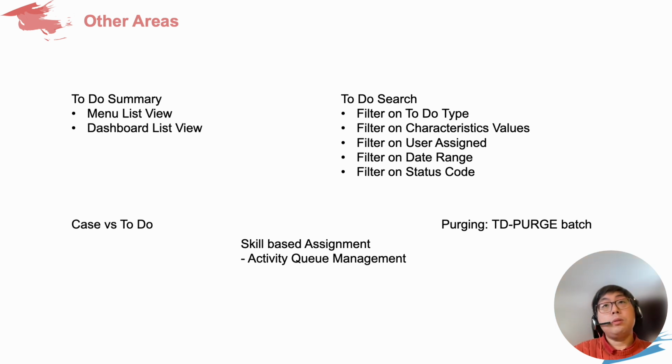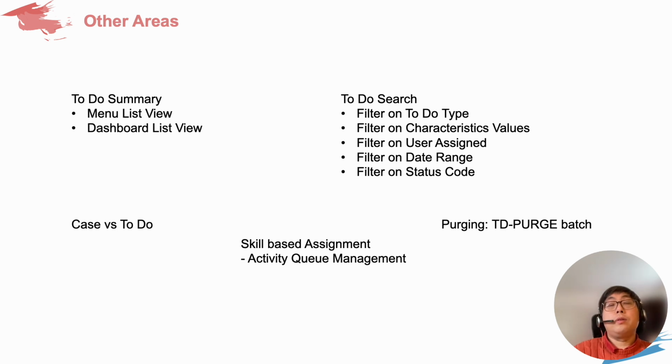However, if you want to do skill-based assignment, that's also possible, and the system actually provides infrastructure for that. I'm not going to expand on this, but if you look at the feature config called activity queue management, you can define the skills over there, and you can utilize the skill-based assignment in your projects.